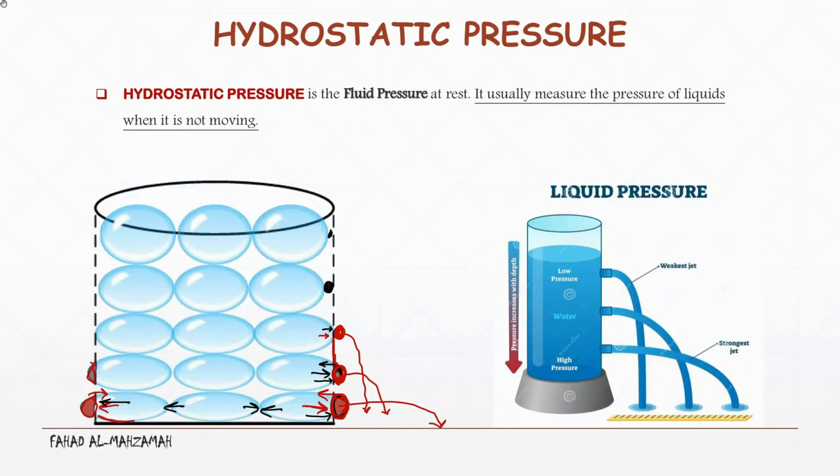I will not ask someone to explain the molecules of liquid inside the container and why that is. No, this will make it easy for you to understand what the factors are that affect the pressure of liquids.